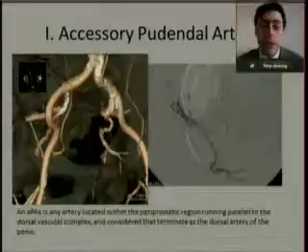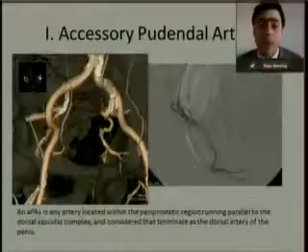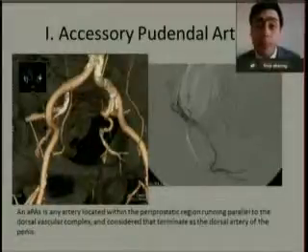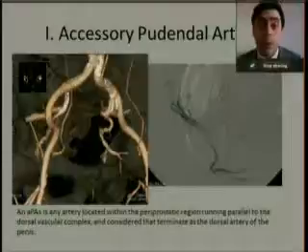Another important aspect of the vascular anatomy of the prostate is the accessory pudendal artery that can occur in about 20 to 30% of patients, and this is another pudendal artery that can have a close relationship with the prostatic artery.